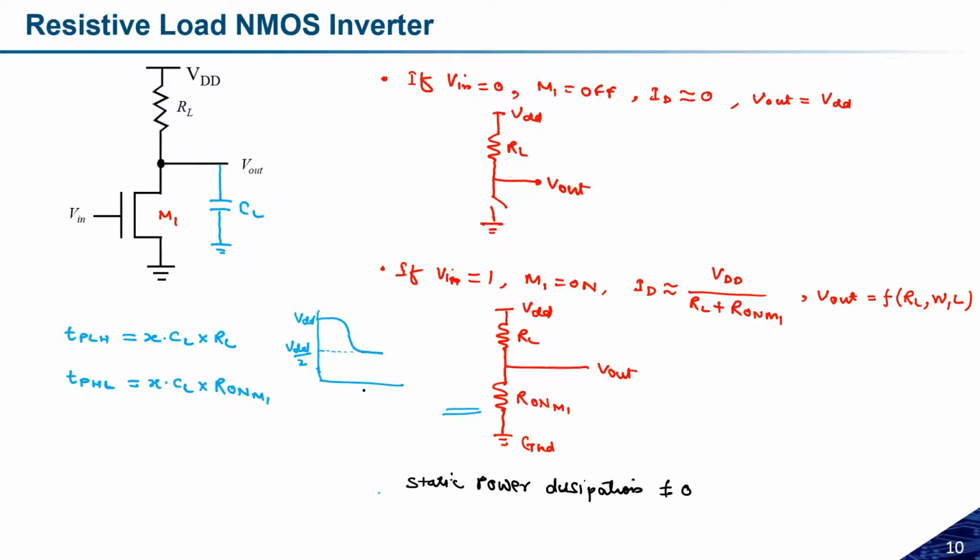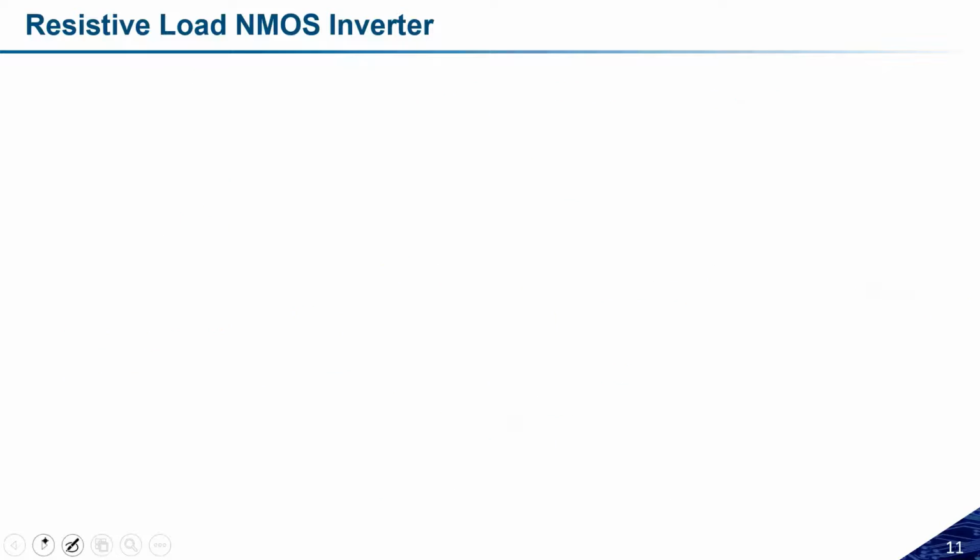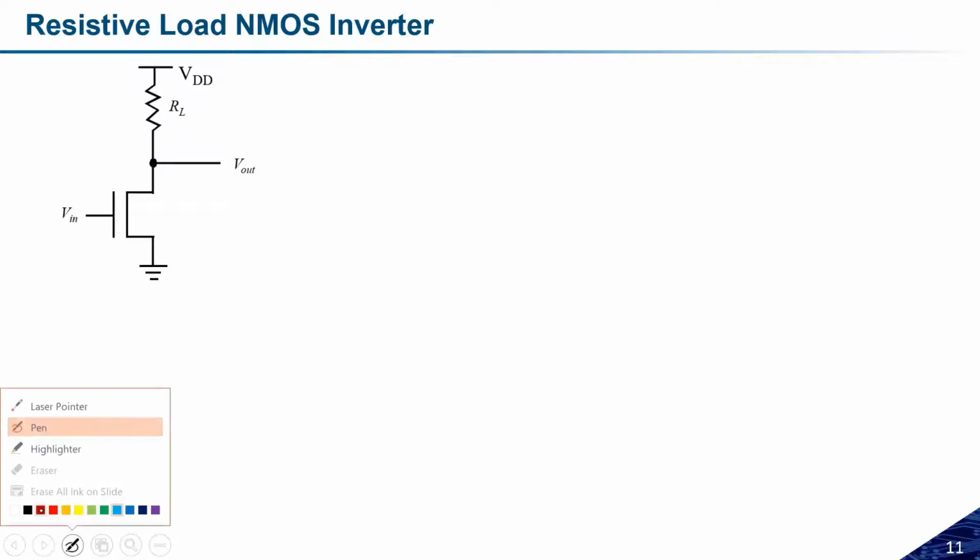One more thing. Let us try to see. Suppose I have the characteristics of this resistive load inverter, and the characteristics will look something like this. Okay, so let me draw the diagram.